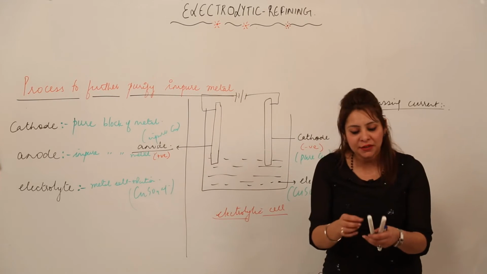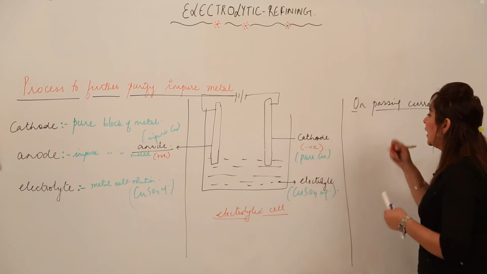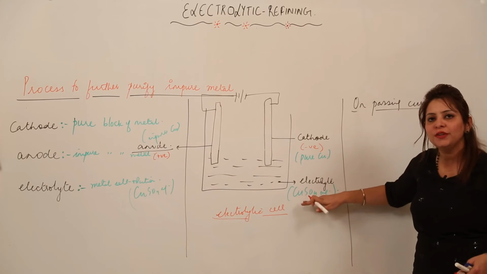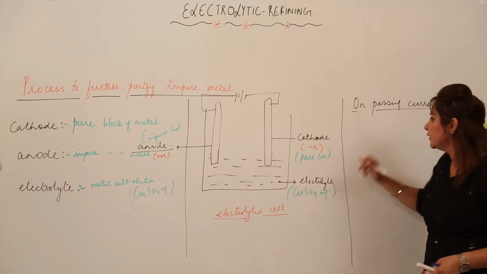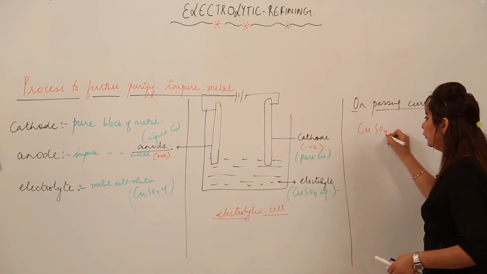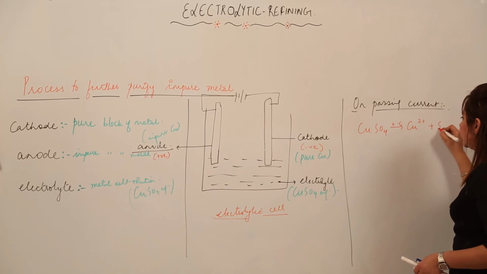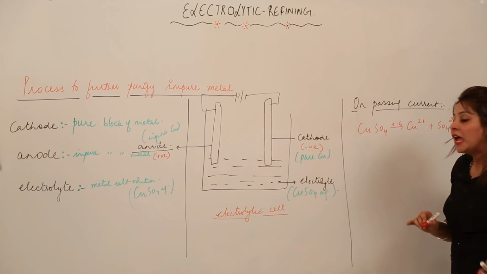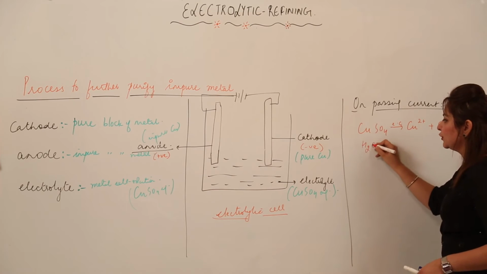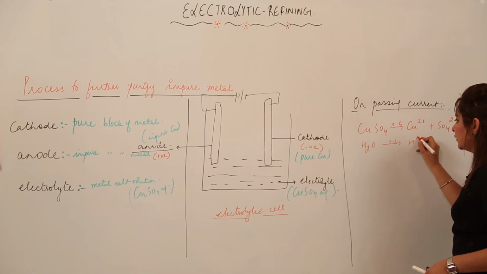So again the same thing is going to happen: when we pass electricity, this salt solution will get dissociated into ions. So see, here on passing electric current, it will get dissociated into respective ions. And as we know it is an aqueous solution, so water will also get dissociated into its respective ions.